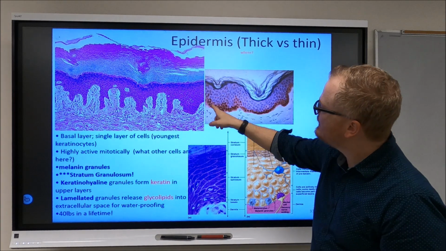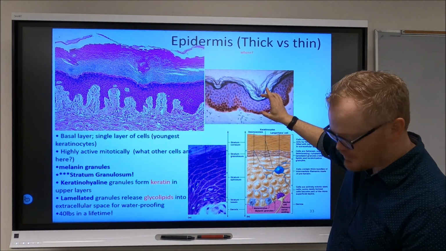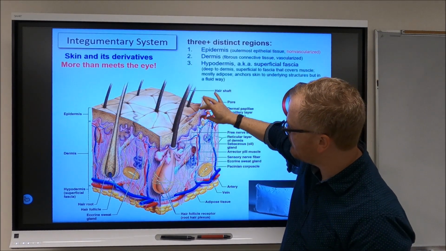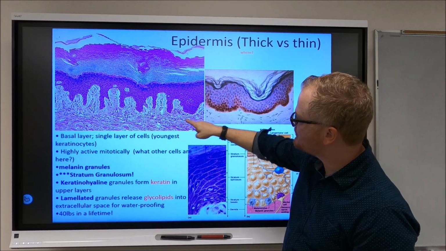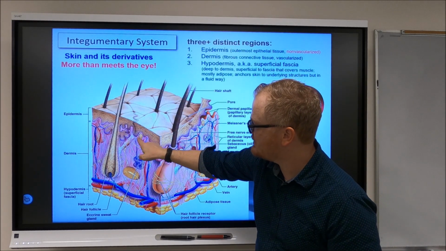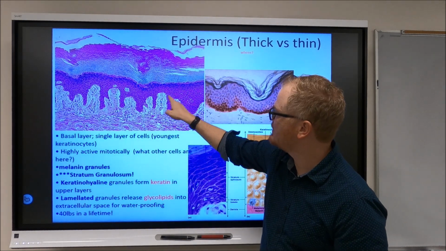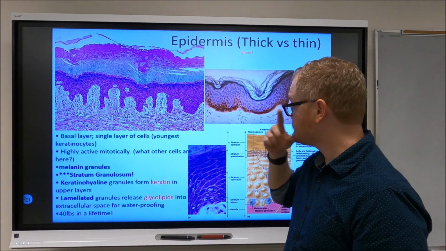So melanin is made at the lowest possible layer of the epidermis. So that would be this part right here. So this is the dermis. You can see these little lumps in it. So that's the dermis. This is the epidermis.